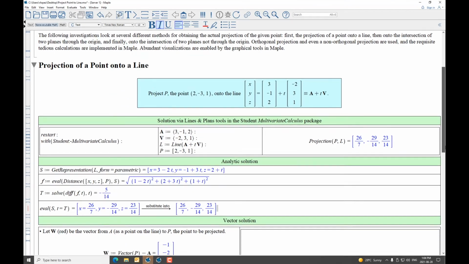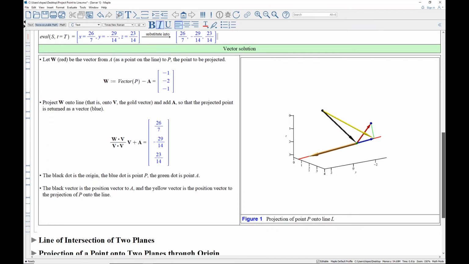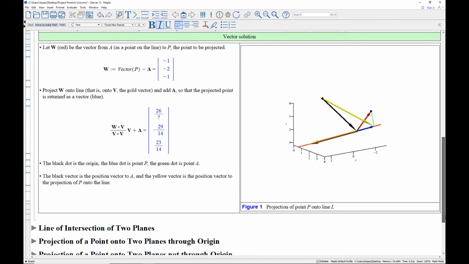The vector solution that is most familiar to people coming out of a multivariate calculus course relies on this diagram. The red line is the line that you want to project onto. This dot, I think it's blue, is the point that you want to project onto the line. You see that green line helps you visualize what's happening.